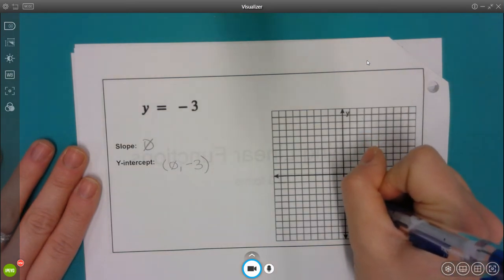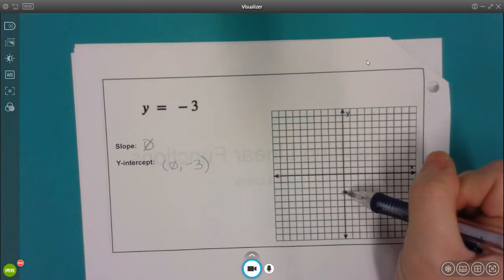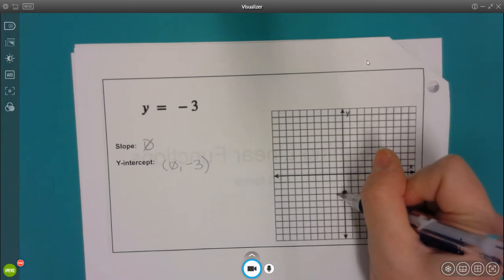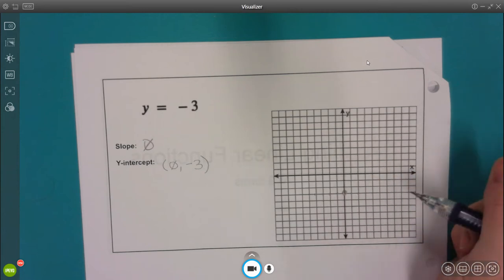So I'm going to go to that y value of -3, and I'm going to create a line that shows all of the other possible points where y is -3. That tells me I'm going to have a horizontal line that connects all of these points where y is -3.